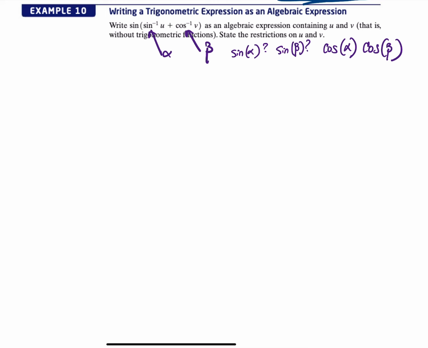So we can start off by saying the inverse sine of u equals alpha. And I'll just make a note that alpha needs to be between negative pi over 2 and pi over 2. That's the restricted range of the inverse sine. I'm doing this because they say also state the restrictions on u and v.